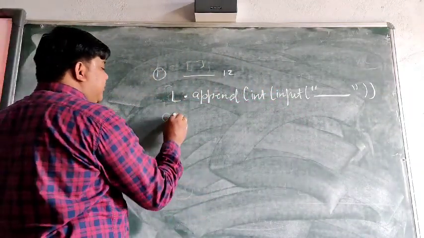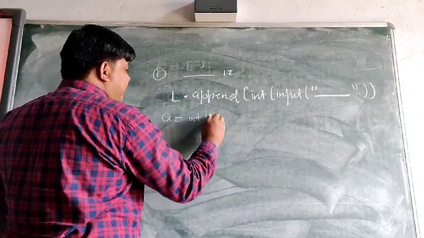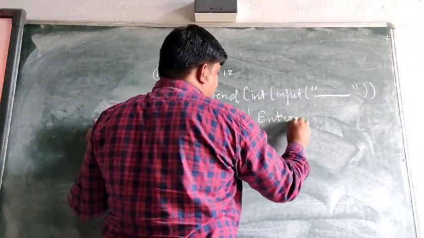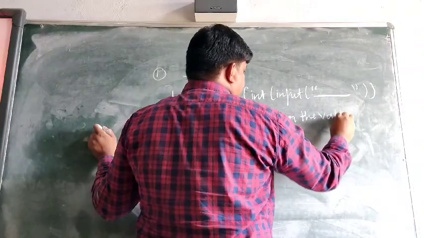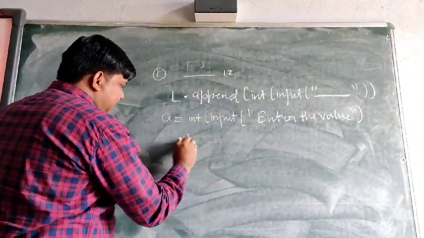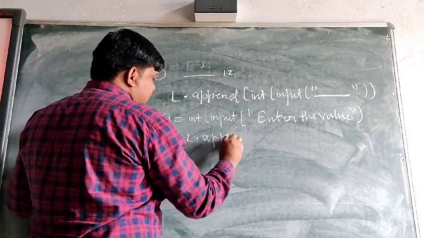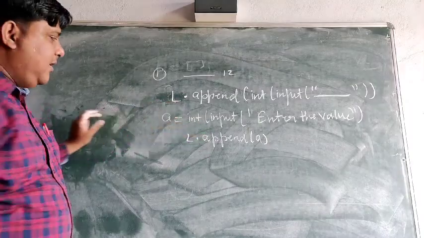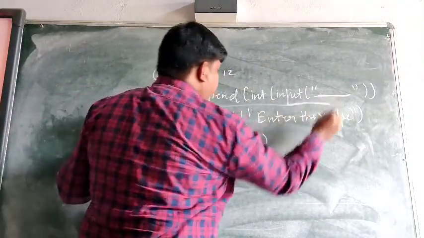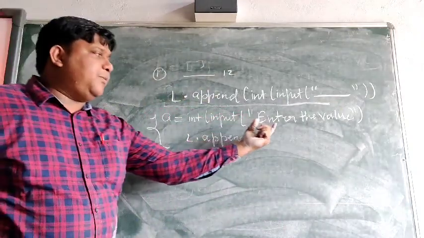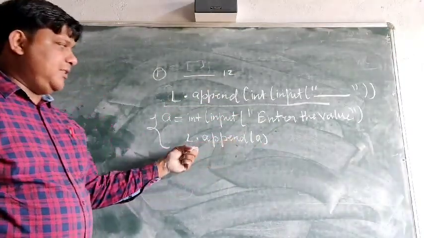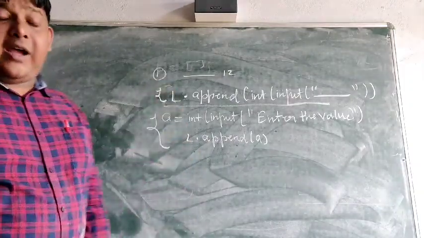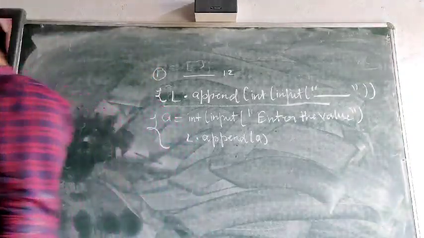Otherwise, with the help of variables, you can do A equals int input, enter the value, and then write L dot append A. If you want to do this in one line, use the first; if you want to take the input separately and then append, follow this method. Either follow this method only, or follow these two lines to add the value in the list. Now look here.